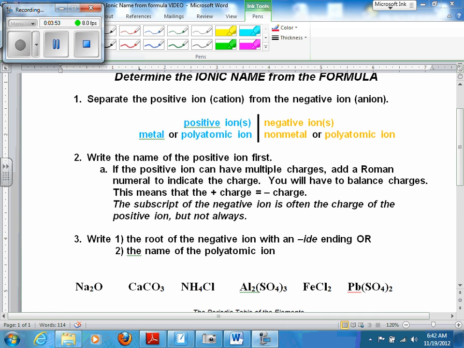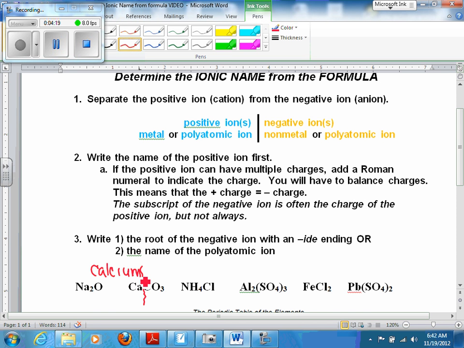Let's try another one. Again, we're going to separate the positive ion from the negative ion. We're going to write the name of the positive ion first. In this case, it's calcium. It is not one of those metals that can take on multiple charges, so we skip to step 3.